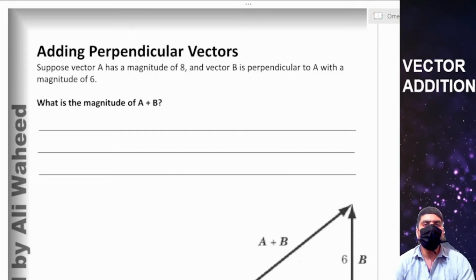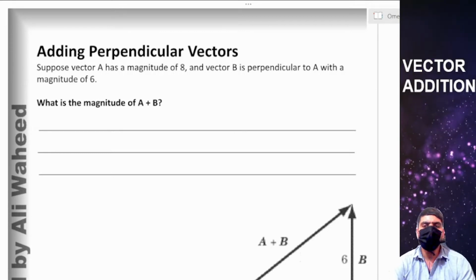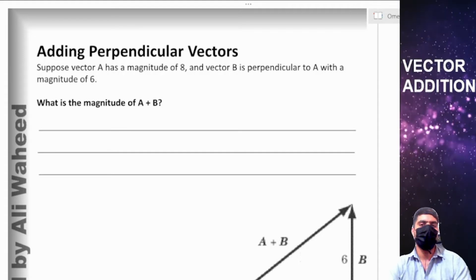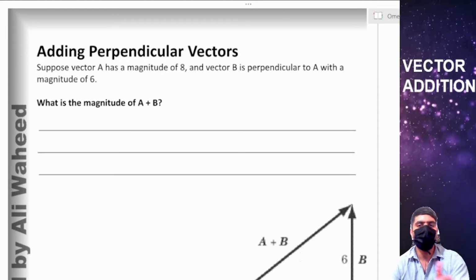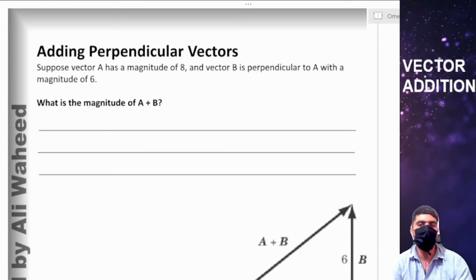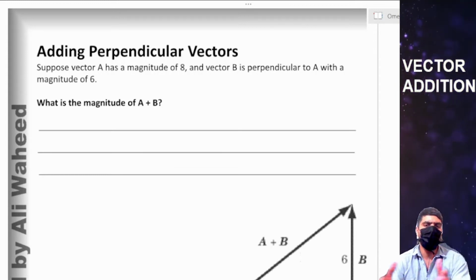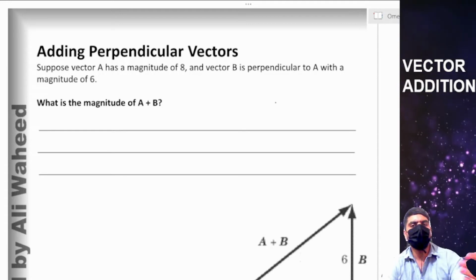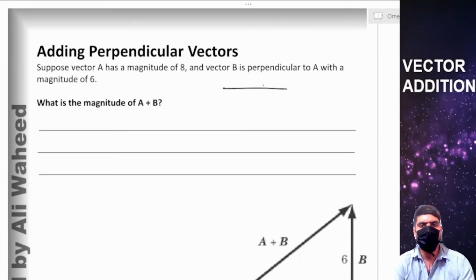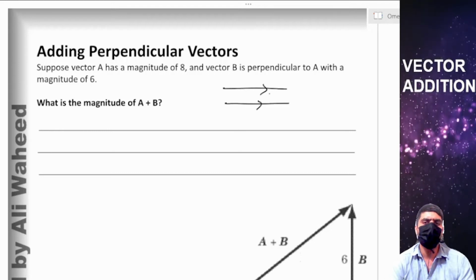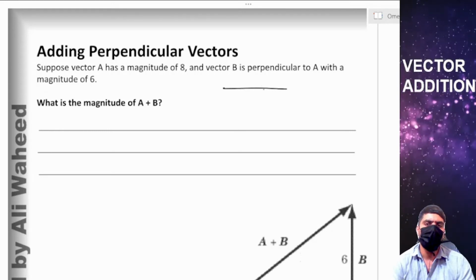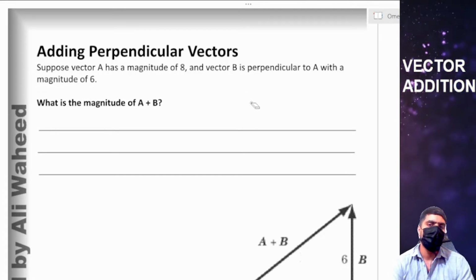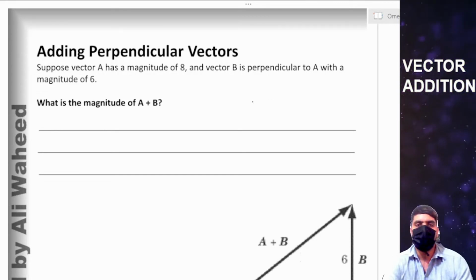All right, so then we have the second case, if the vectors are not in the same direction and not even in the opposite direction. So they are not parallel to each other, they are not anti-parallel to each other. We cannot simply add them, we cannot simply subtract them, because like we studied in many examples in the previous slide, if the vectors are in the same direction, we simply add them, and if the vectors are in the opposite direction, then we subtract them to find the resultant vector.